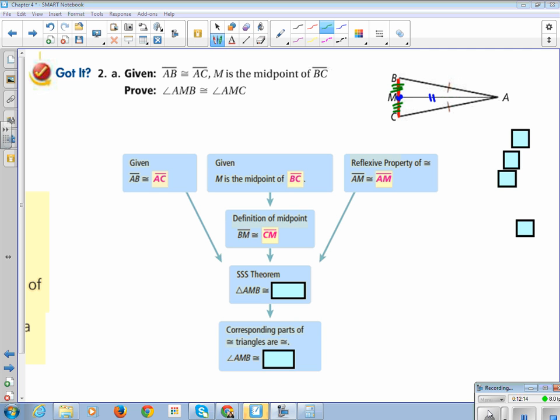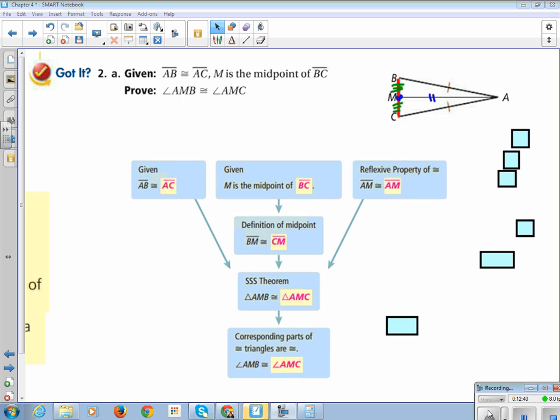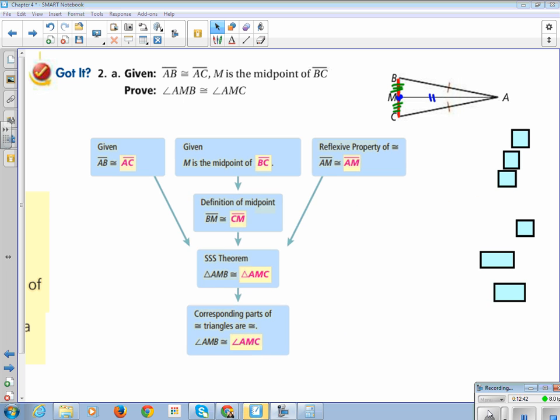How many sides do we have? 3. So we can say by side theorem, triangle AMB is congruent to AMC. And then we take our last statement and we say, because corresponding parts of congruent triangles are congruent, angle AMB is congruent to angle AMC.